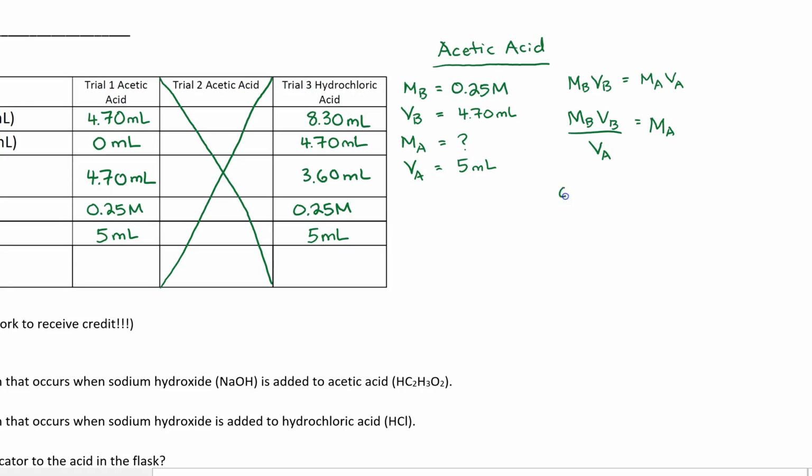So Mb, looking over on my left-hand side and copying down the numbers here. So my calculator answer is 0.235 molar, but keeping sig figs, I'm going to use the fewest amount, and that's 1, and so I get Ma equals 0.2 molar.